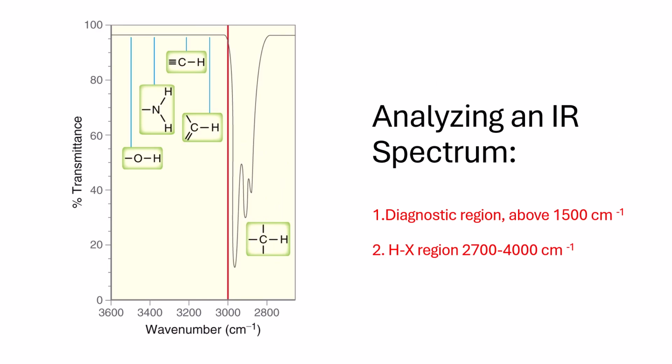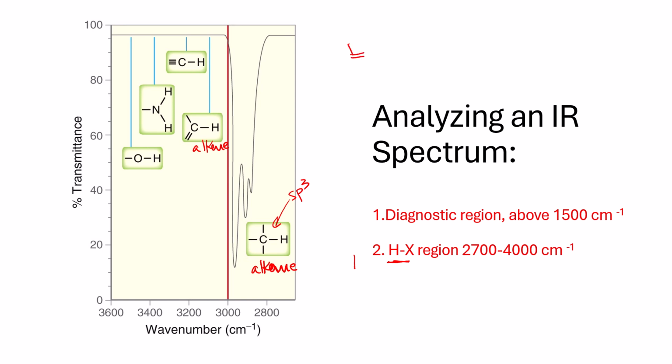Now, this is summarizing what you expect to see around 3000. All of the bonds with hydrogen attached to another atom are in the region 2700 to 4000. But this is typical: right under 3000, these are the alkane signals, the carbon sp3 hydrogen vibration. Then right above 3000, alkenes, and again, you have to see this vibration, so you need that hydrogen.